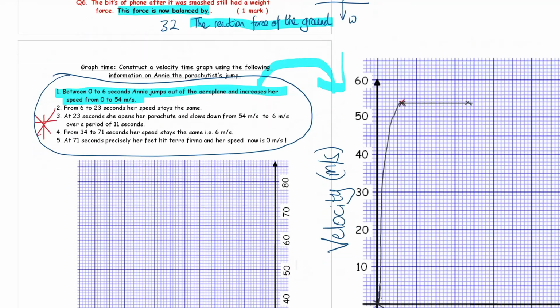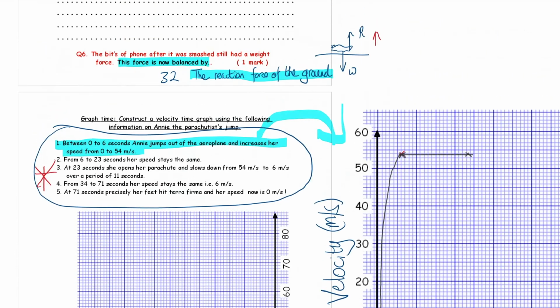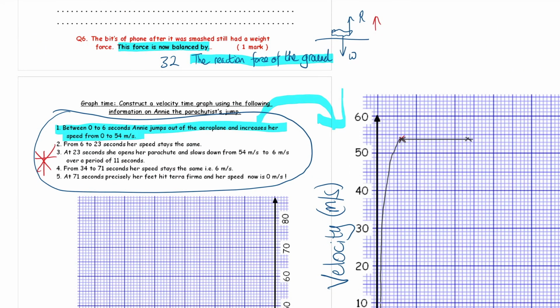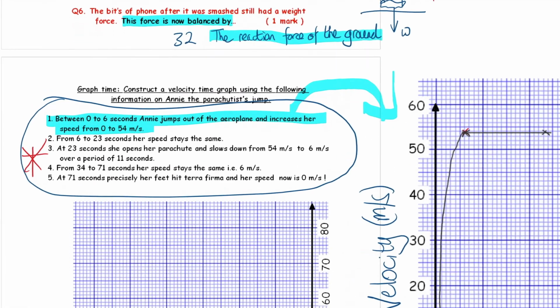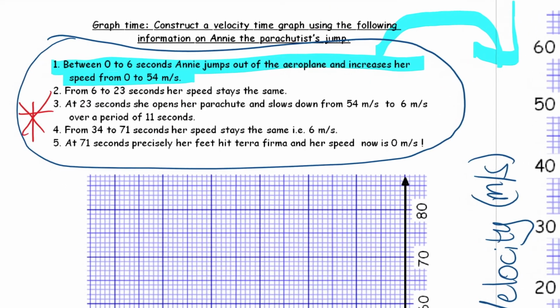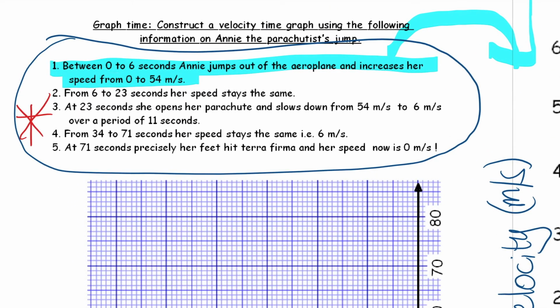The activity on page 33 is helping to develop your graphing skills and improve your knowledge of terminal velocity. What you need to do is turn the words into a graph. You'd have heard the age-old adage, a picture is worth 1,000 words.